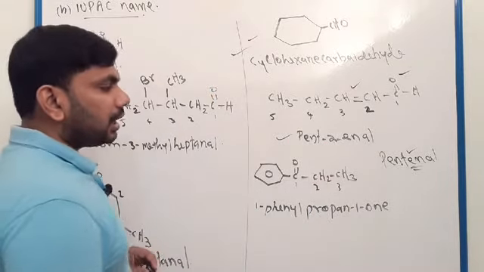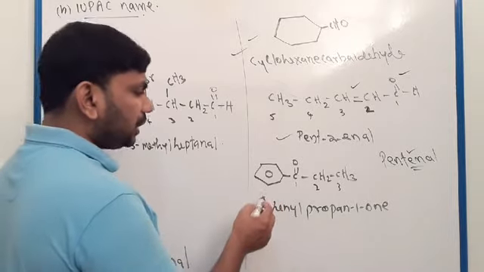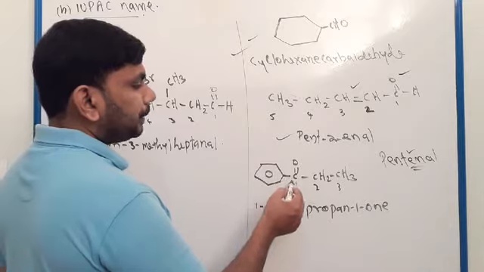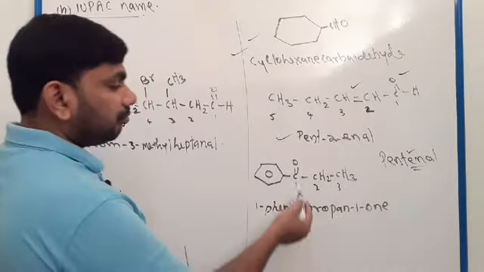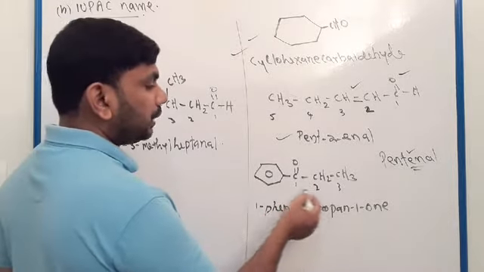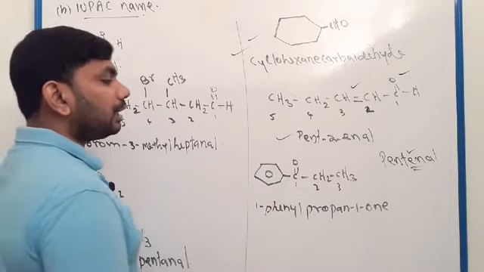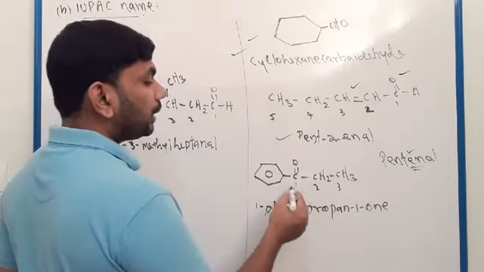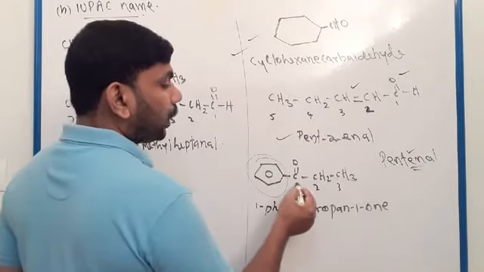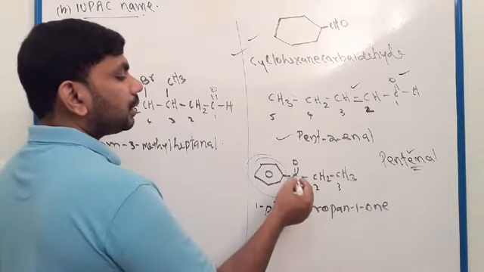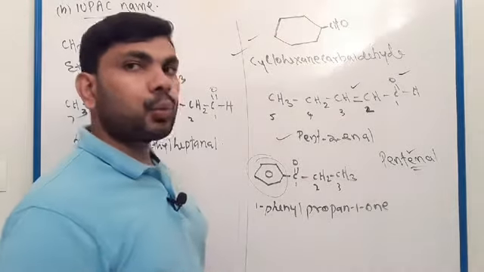And here this is a ketone with 3 carbons, so propanone, and we can give numbers 1 2 3. On the first carbon there is a benzene ring, so 1-phenylpropan-1-one. It means the ketone functional group is on the first carbon: 1-phenylpropan-1-one.